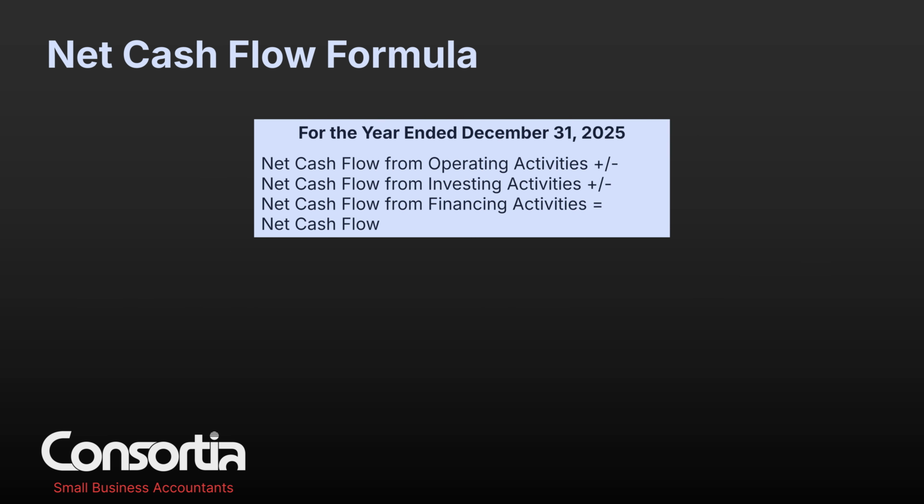Net cash flow formula. So the formula then, again, keeping in mind this covers a period. In this particular case, net cash flow for the year ended December 31st, 2025. So for the entire year, from the beginning of the year to the end of the year, net cash flow, taking inflows, netting against outflows from operating activities, would be either a net increase or a net decrease.